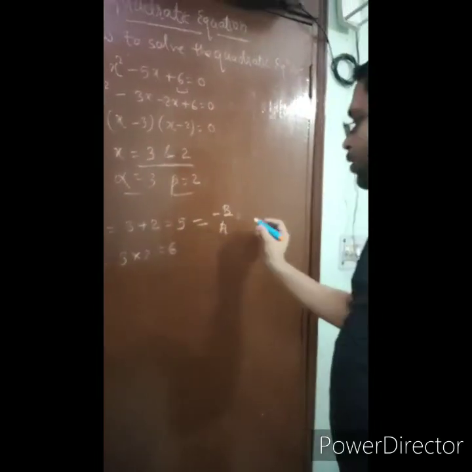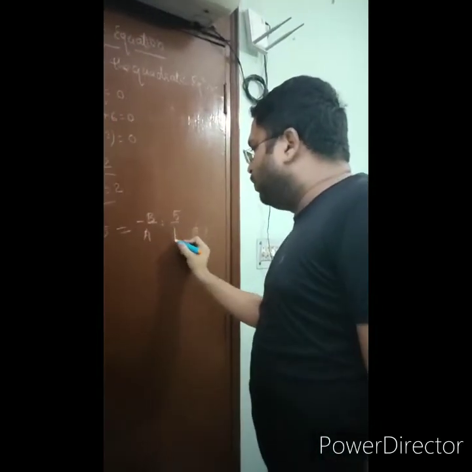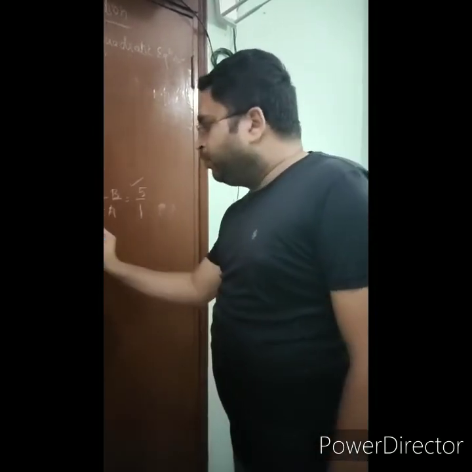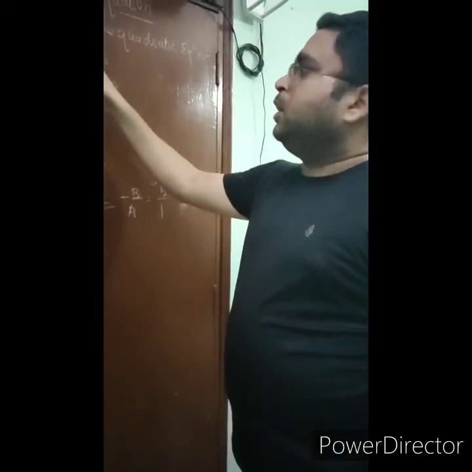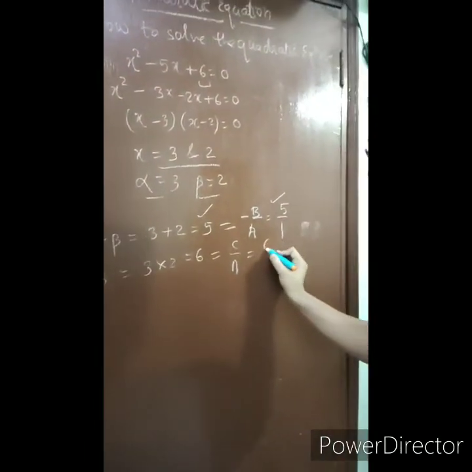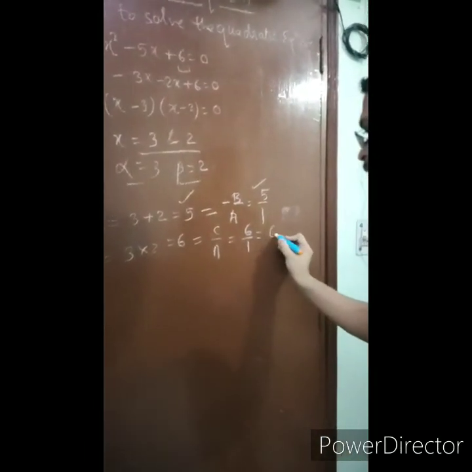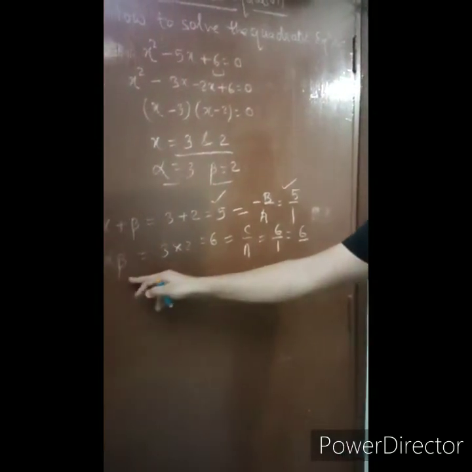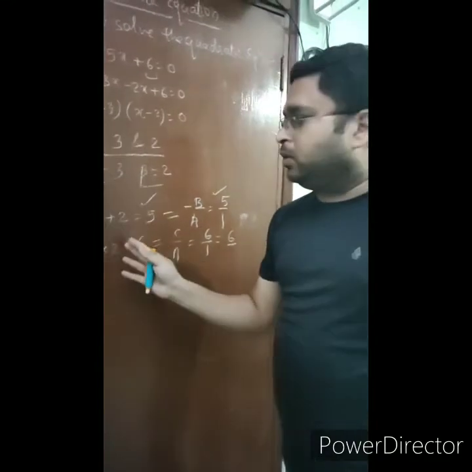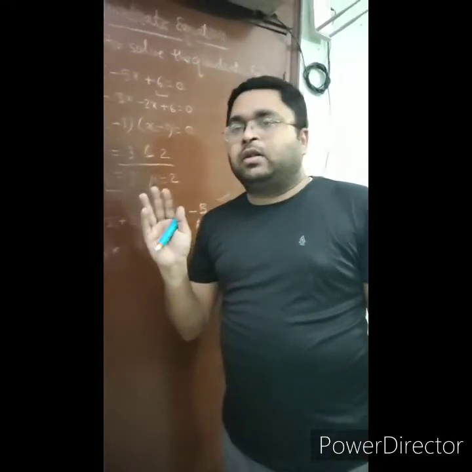That is 1. So it will be 5 upon 1. The relation holds true. Again, alpha beta is c upon a. So here c is 6 and a is 1. So it comes 6. Again alpha beta equals 6. The relation holds true, which you have read earlier.